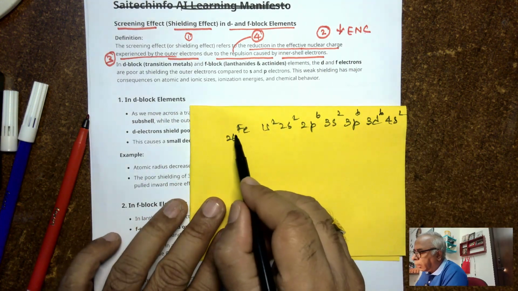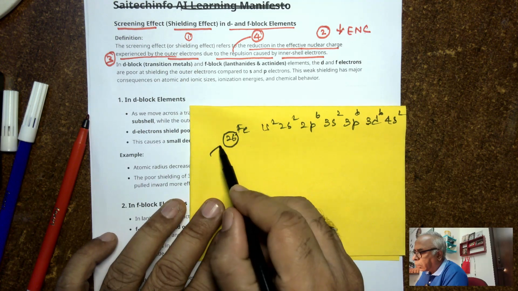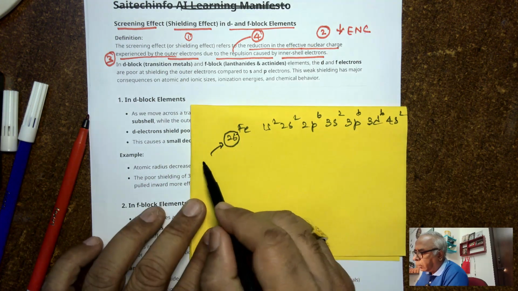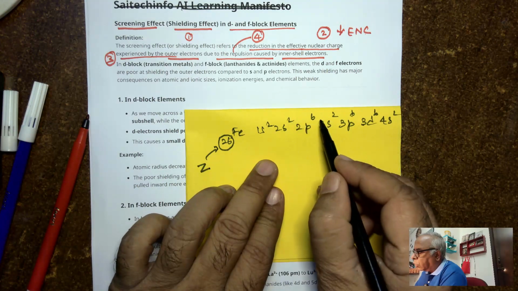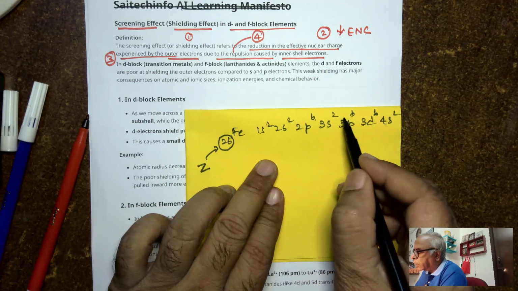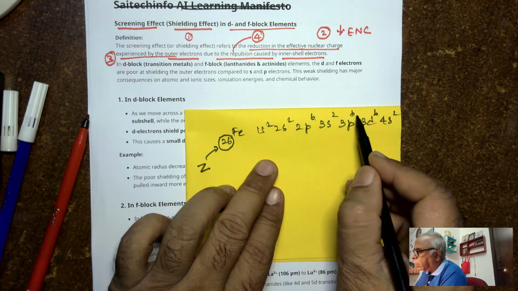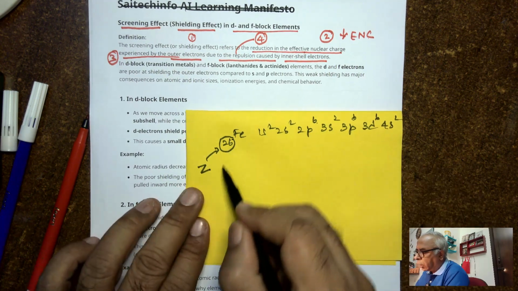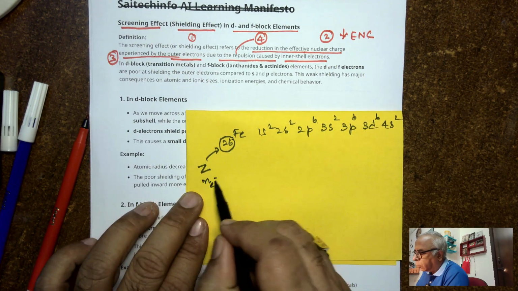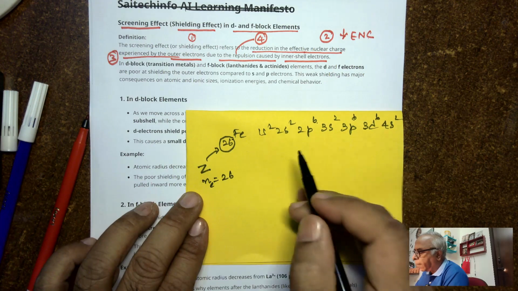Now you can calculate the number of electrons, which is nothing but the atomic number: 2 plus 2 is 4, 4 plus 6 is 10, 10 plus 2 is 12, 18, 24, 26. So the number of electrons is equal to 26.